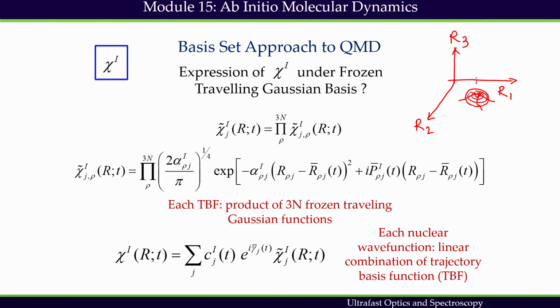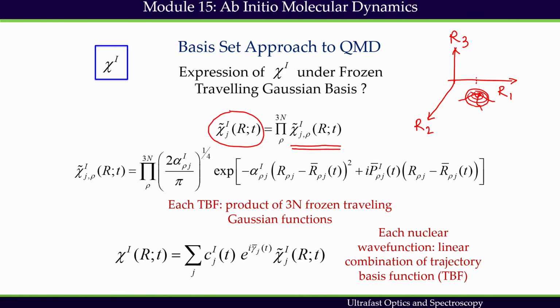In order to get a localized function, because we have to localize the Gaussian, we cannot spread it over the space. In order to get the localized Gaussian function, we take the product of individual Gaussian functions. So, this is called the trajectory basis function.